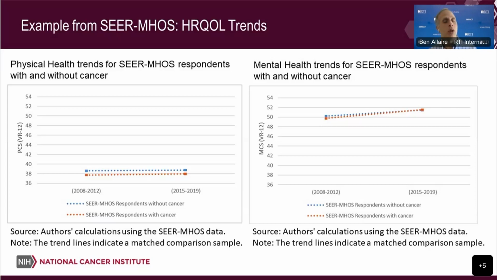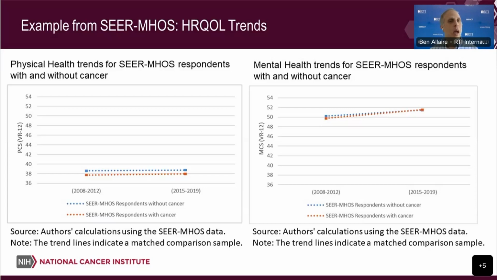However, if we go look on the right-hand side and we look at mental health trends, the scale is the same, and so you have the PCS score over on the left-hand side there. You can actually see that the blue line and the orange line cross, and when we net out those differences, we actually see that the cancer folks have improved relative to those without cancer, which makes an interesting comparison of the two.